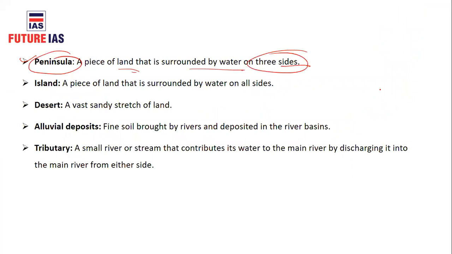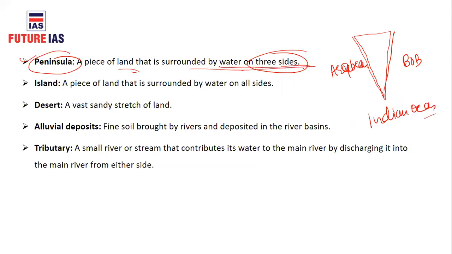For example, this is a peninsula, and it is surrounded by water from three sides: you have the Arabian Sea, the Bay of Bengal, and the Indian Ocean. So it is bounded from three sides by water.